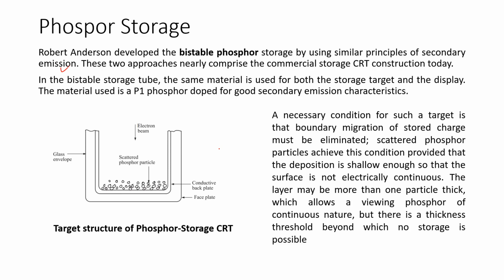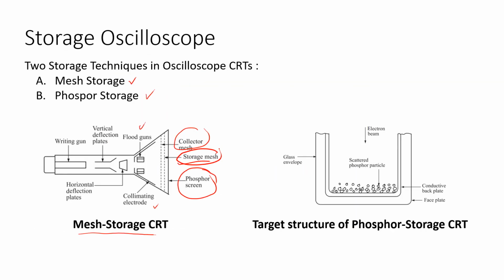A necessary condition for such a target is that boundary migrations of stored charges must be eliminated. So in this kind, the only difference between the storage mesh and the phosphor storage is the material for the storage mesh.